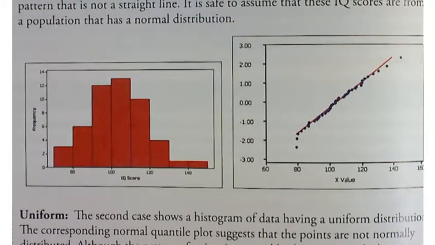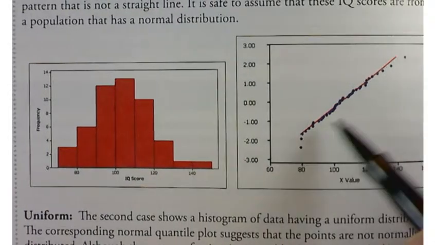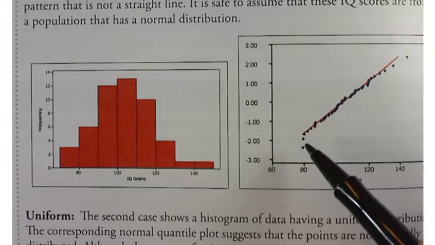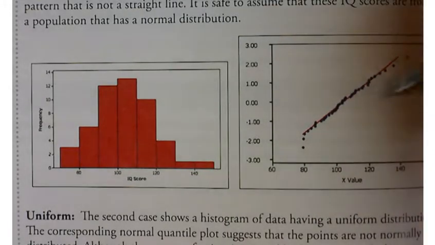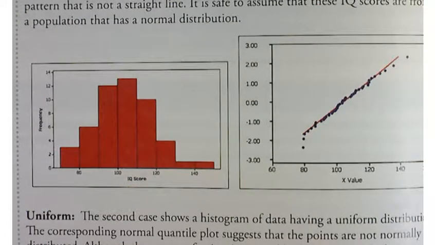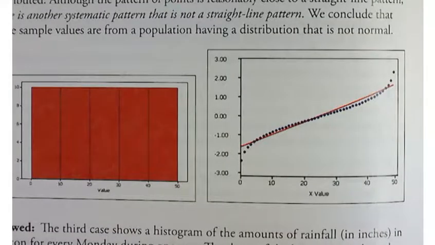In this case, you can see what a normal quantile plot looks like for some normally distributed data. Of course, not everything is nice and normally distributed. If there's patterns in here, in terms of going up and down or something other than random fluctuations around a straight line, chances are it's not a normal distribution. We can see that with the uniform distribution.